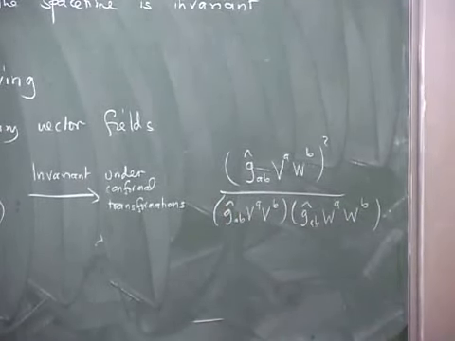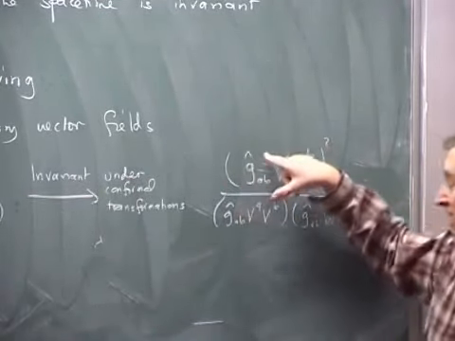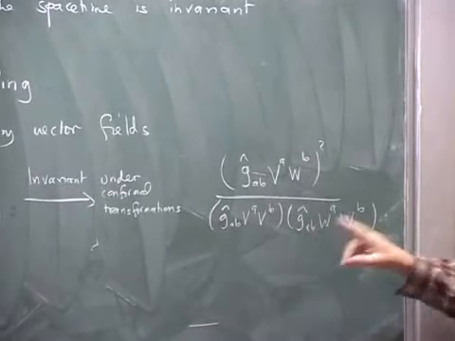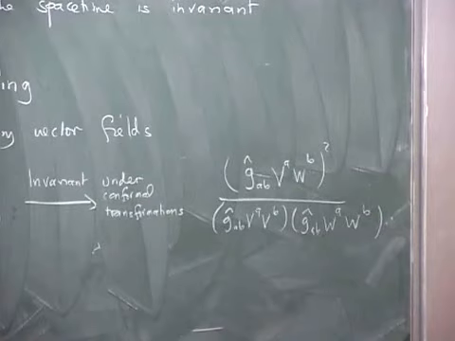It doesn't matter. So you could relate this to this. Here you pick up a factor of omega to the fourth, omega squared, so all the factors of omega will cancel out, and it preserves angles.